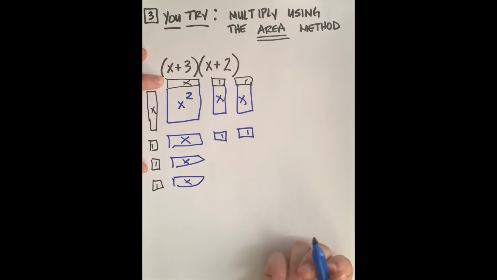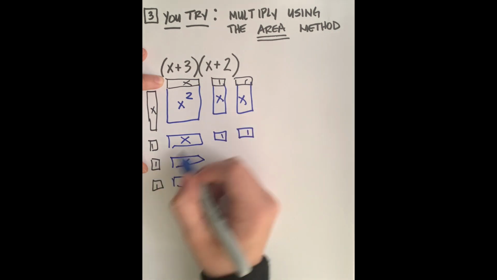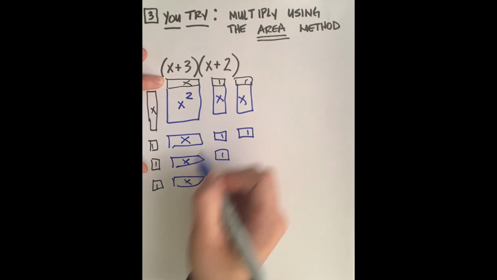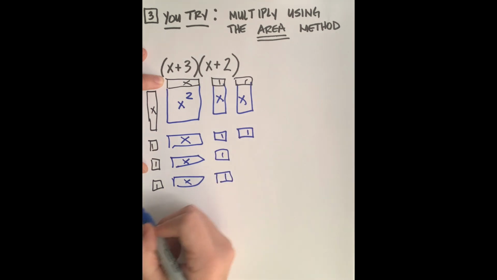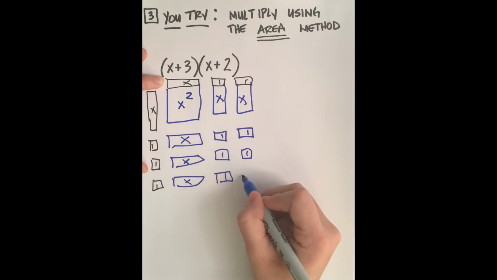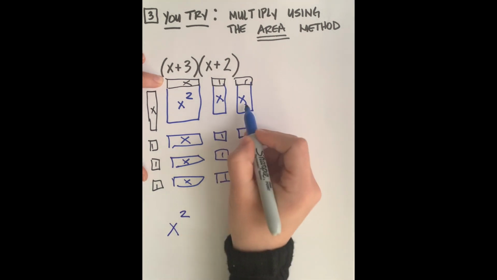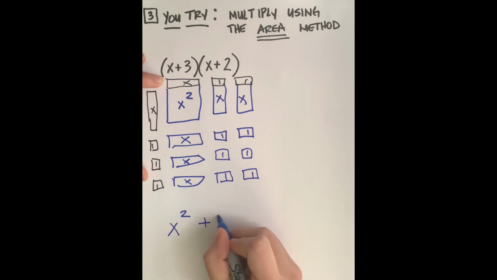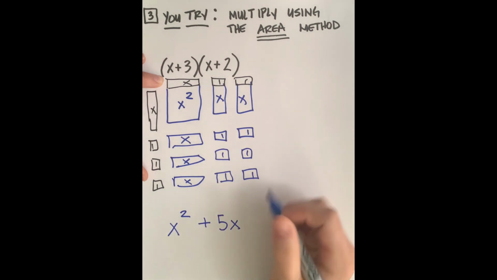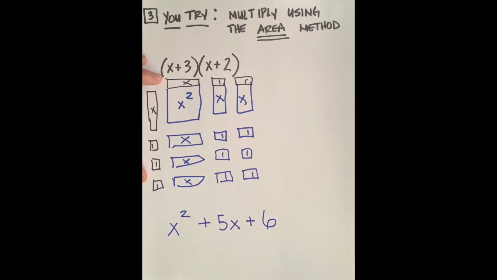It's the same thing. And then again we would go 1 times 1, 1 times 1, 1 times 1, 1 times 1. So when we combine this, it would be x squared, 1, 2, 3, 4, 5 x's, and we have 6. That would be the answer.